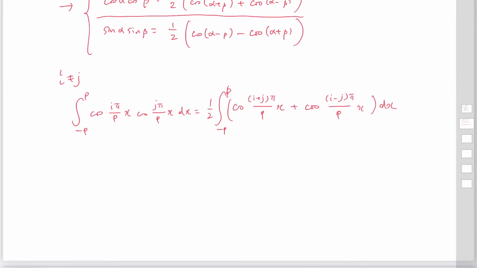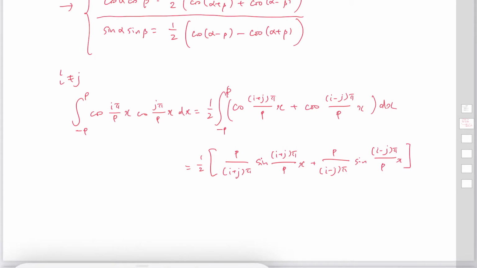It becomes 1 over 2 times [p over (i plus j) pi times sine((i plus j) pi over p x) plus p over (i minus j) pi times sine((i minus j) pi over p x)], with lower limit minus p and upper limit p.